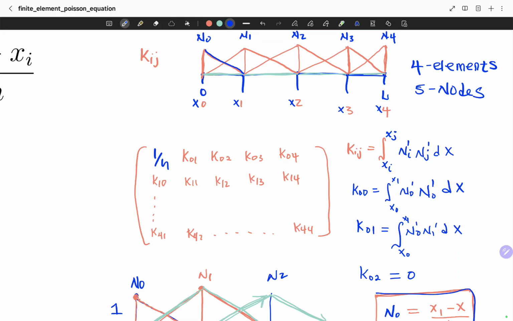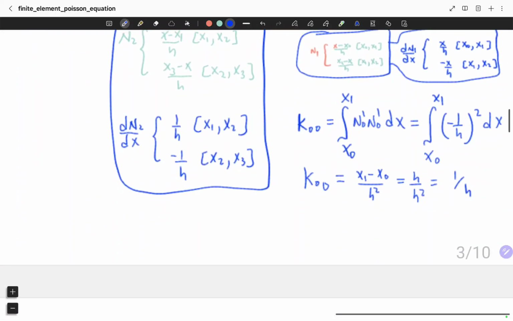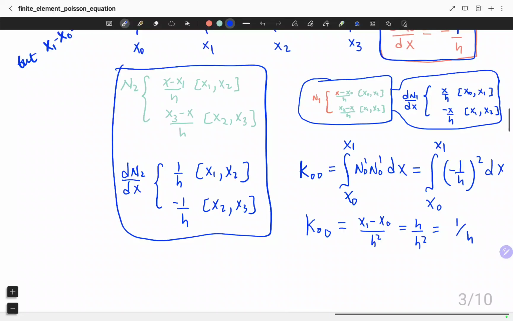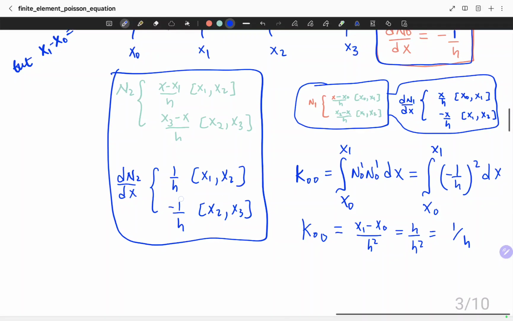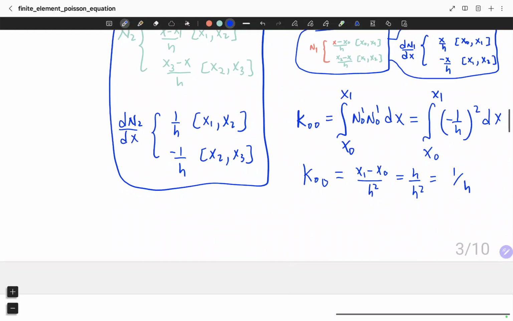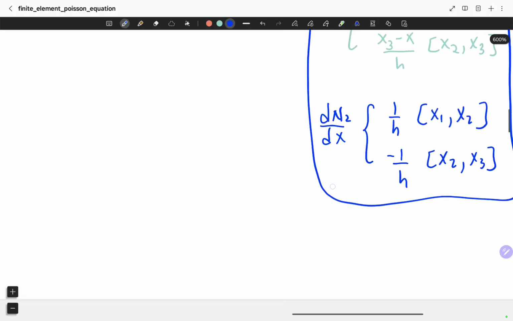So that means all you need is, now let's do k22, for example. Let's do k22 because n2 is here.